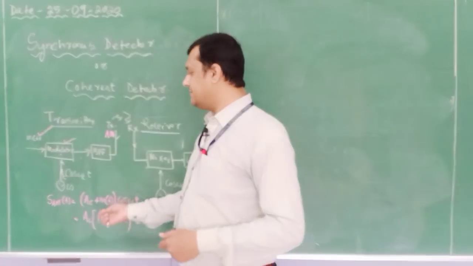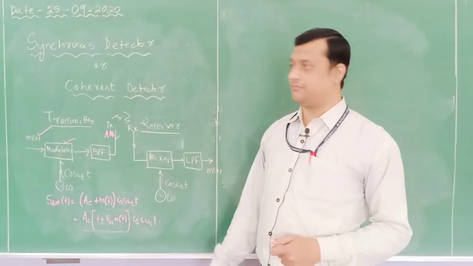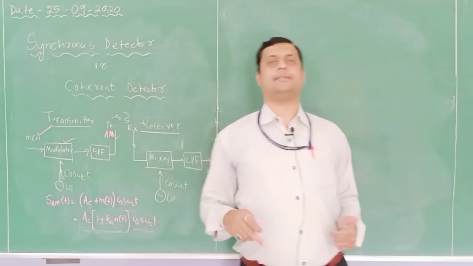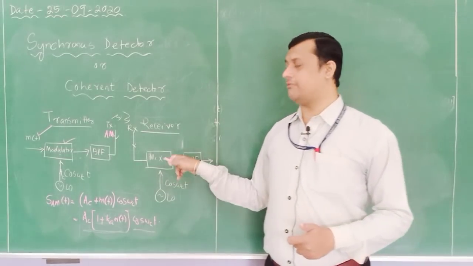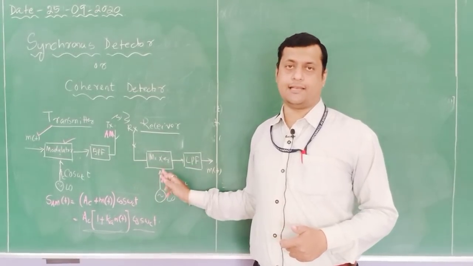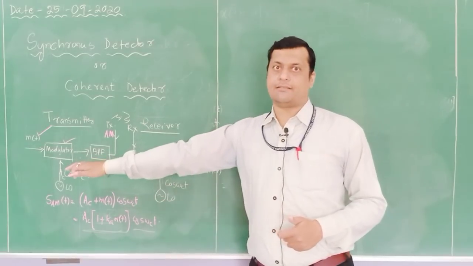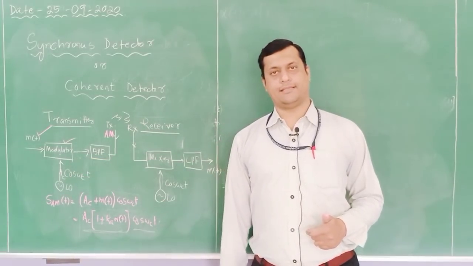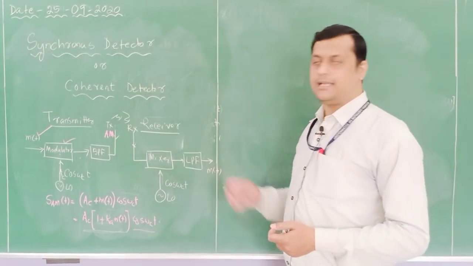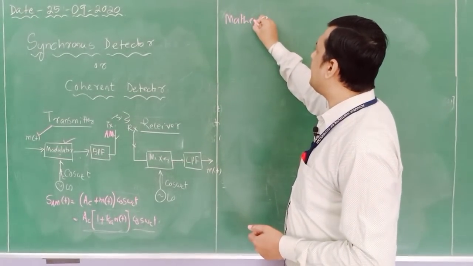This is the amplitude, and the frequency component is cos omega c. Now at the receiver section, if I provide the same carrier frequency at the demodulator, synchronized with the transmitter carrier frequency, then the whole method is called synchronous detection. So mathematically we can analyze it, and we will write the mathematical analysis.